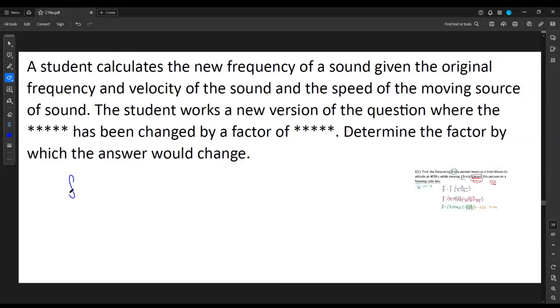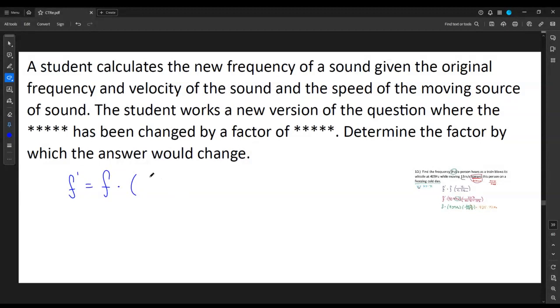So because this is a new frequency, then we have F prime. So a little tick mark just means that it's been affected in some way. We could also have said F1 and F2, so made this a 1 and that a 2. It's up to you. So what happens is you have your original frequency, whatever it was before, and then you're multiplying it by essentially some scaling factor.